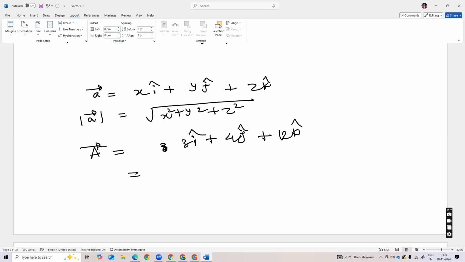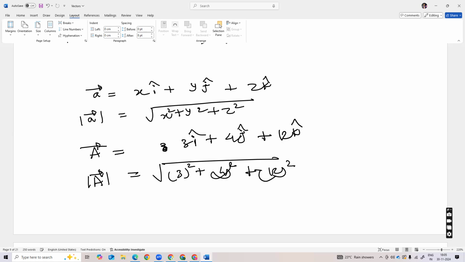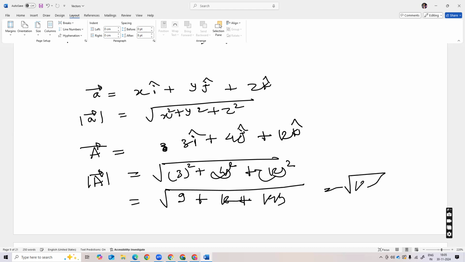Then its magnitude can be given as the square root of 3 square plus 4 square plus 12 square, which is the root of 9 plus 16 plus 144, equal to the square root of 169, and it is 13.